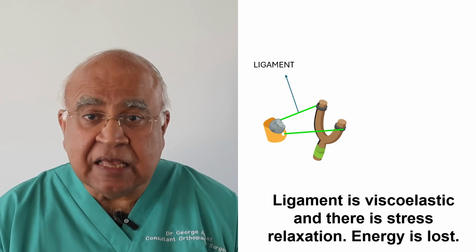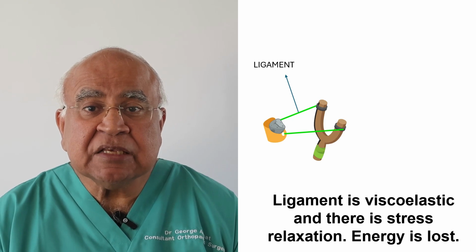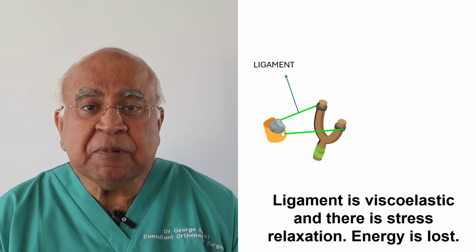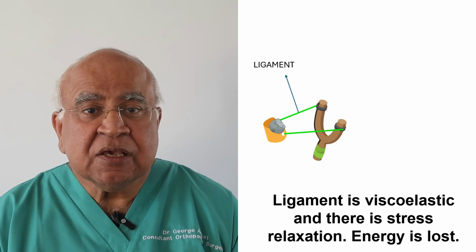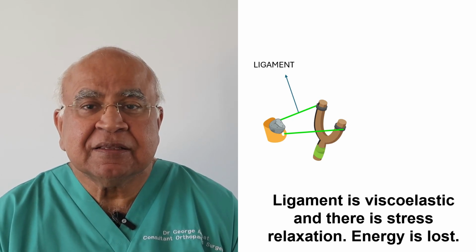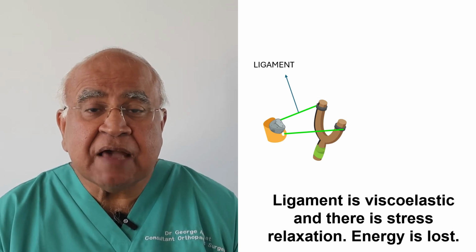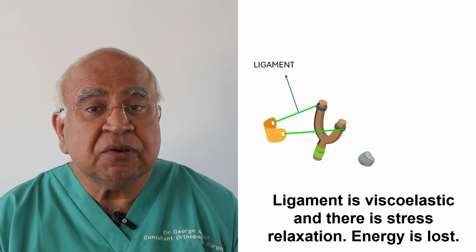So if you build a slingshot from a ligament and pull it back, it would initially store energy just like a rubber band. But if you keep it stretched for 10 or 20 seconds, the stored energy would begin to decrease. When you finally release the ligament, the shot would not travel as far because some of that energy has been lost during the hold.